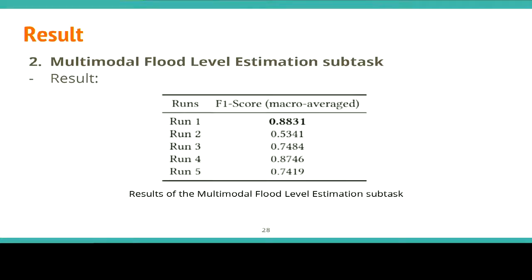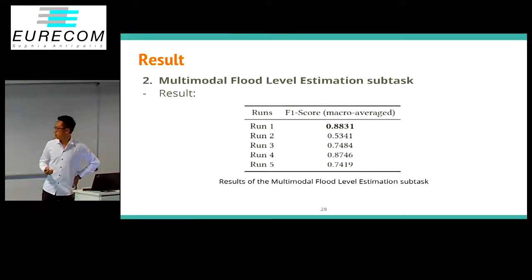And from the results, we can see that the information from the text does not really improve the accuracy on the images, and the first run, which uses only the image pipeline, achieves the best result.